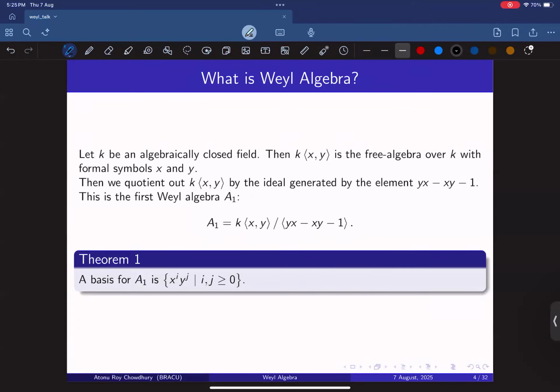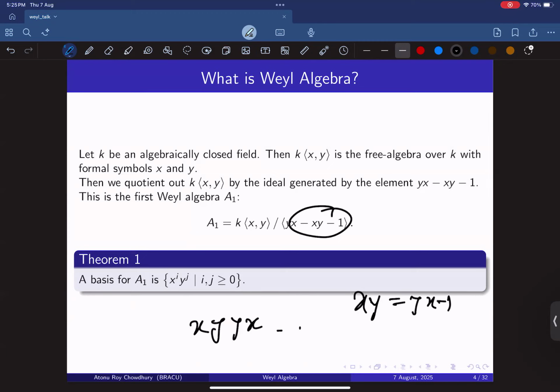Why is this? Let me give you an intuitive idea why this should be the case. Suppose we have some formal symbol, let's say x, y, y, x, and so on. Here there are some x's after y. We can move this x to the front using this identity that xy must be equal to yx minus 1.